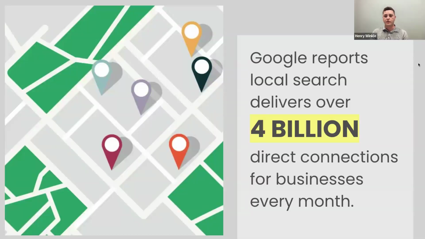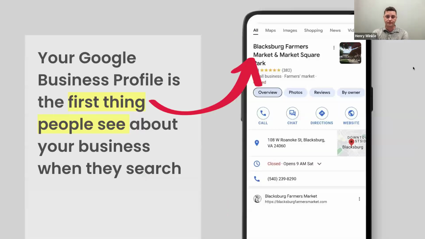So Google itself reports local searches delivers over 4 billion direct connections for businesses every single month. Now, 4 billion seems like an astronomical number, but if you think about it, that's how many searches people have every single month looking for a business or looking for more information.